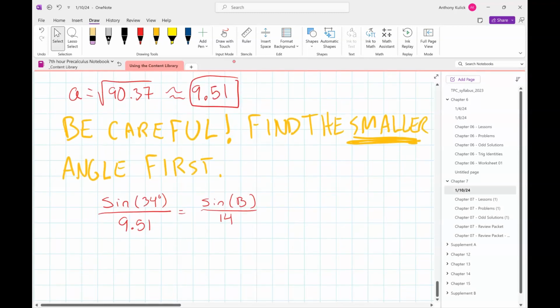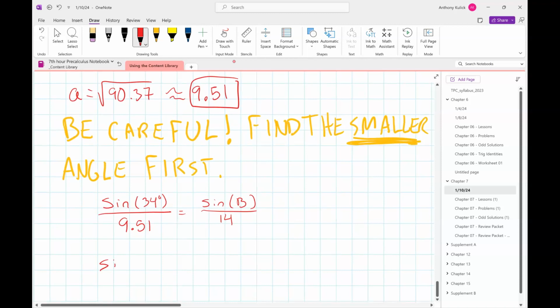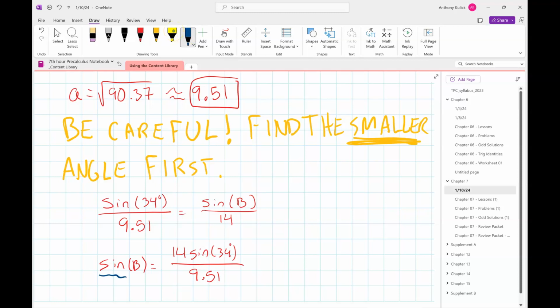Okay. I'm going to cross multiply and divide. That's going to give me sine of B equals 14 times sine 34 over 9.51. How do I get rid of that sine in front of B? What cancels out that sine?